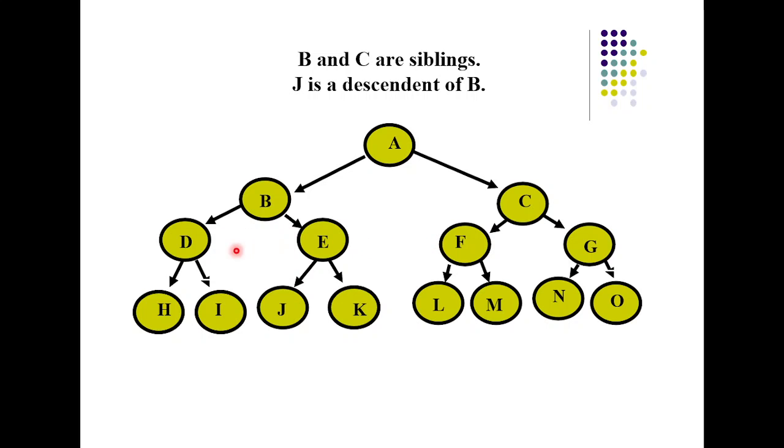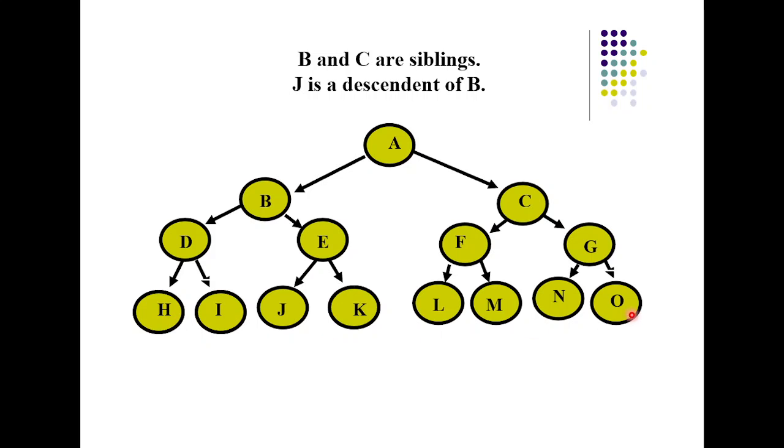In this case, D and E are the children of node B, and the other nodes like H, I, J, and K are all leaf nodes, or similarly L, M, N, and O are leaf nodes. So what is a leaf node? Any node which doesn't have any further child is called a leaf node.